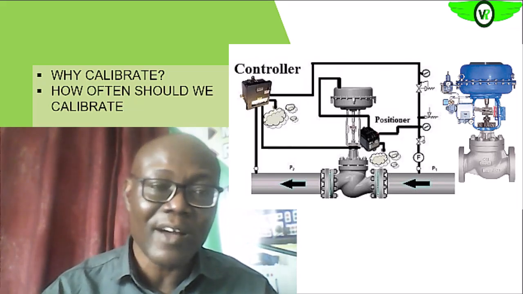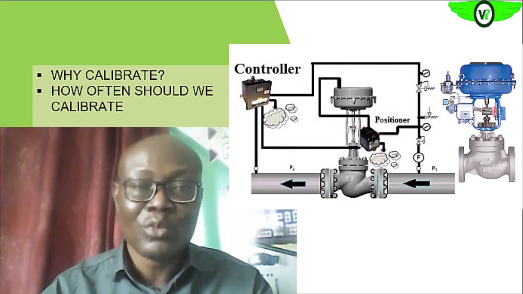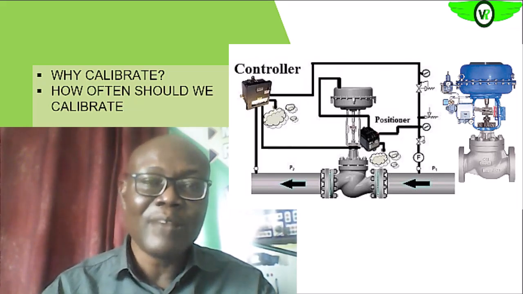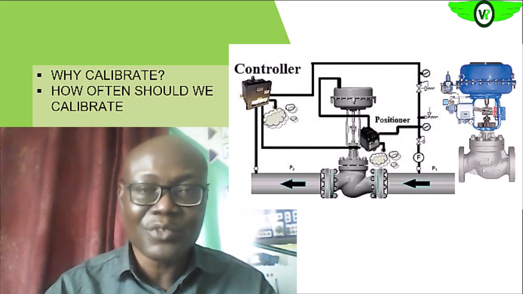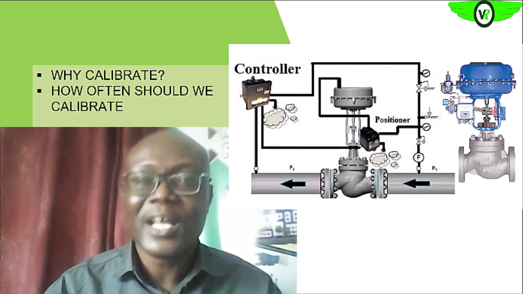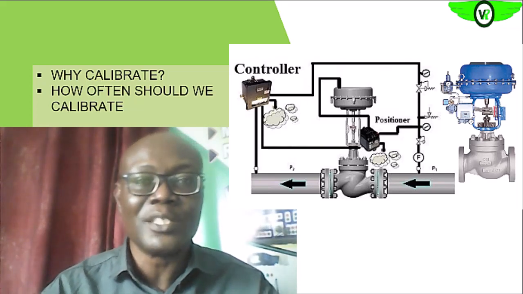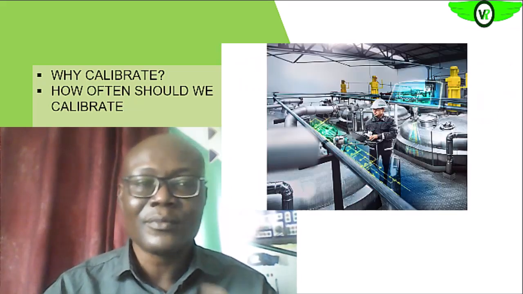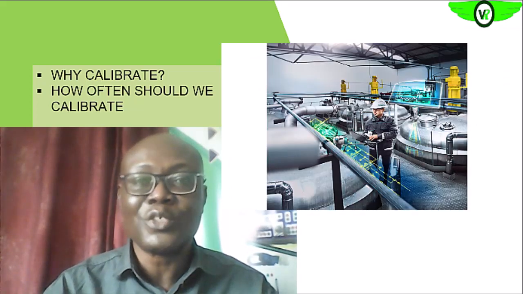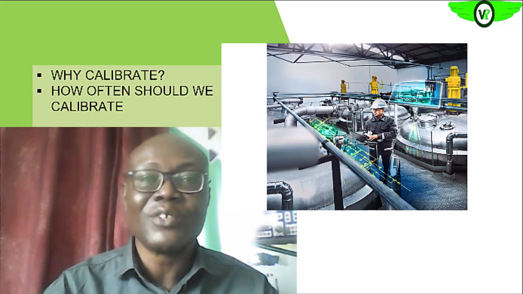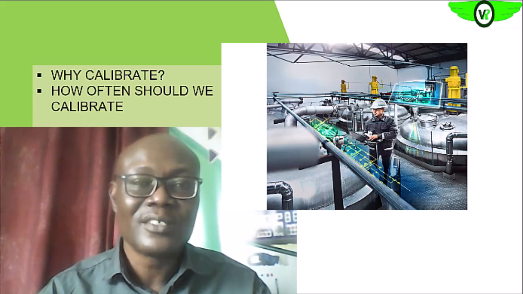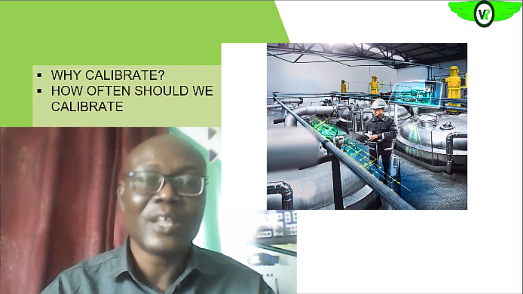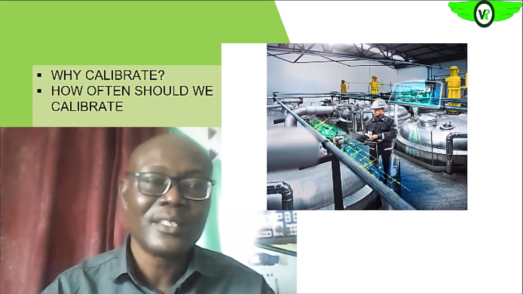So we need to control those variables. If our meters are out of calibration, it means that we'll be having false readings that are not correct, and it means that our control will not be effective. So we need to be calibrating to be sure that our meter is giving us the accurate reading at all times, so that we'll be able to control our process.